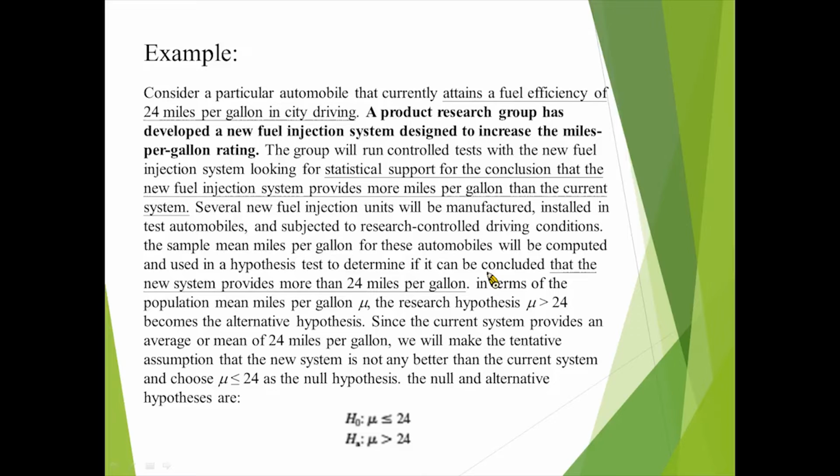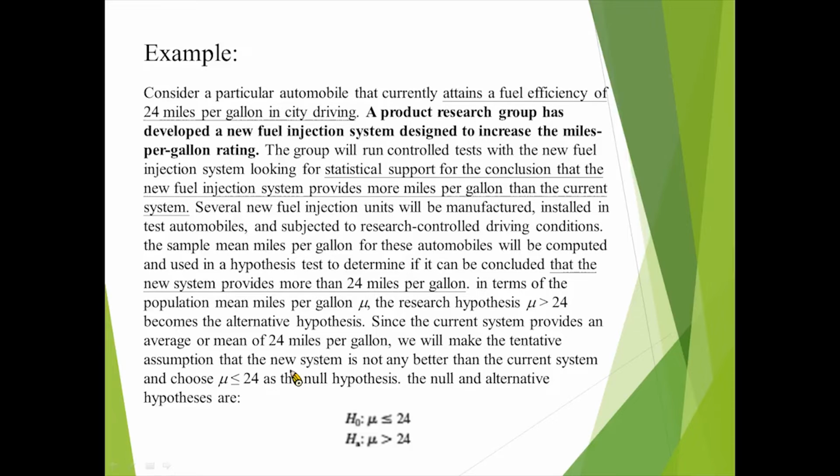In terms of the population mean miles per gallon mu, the research hypothesis mu larger than 24 becomes the alternative hypothesis. Since the current system provides a mean of 24 miles per gallon, we will make the tentative assumption that the new system is not any better than the current system.